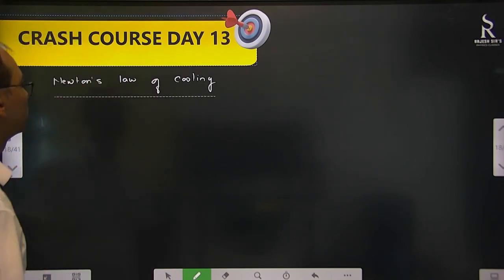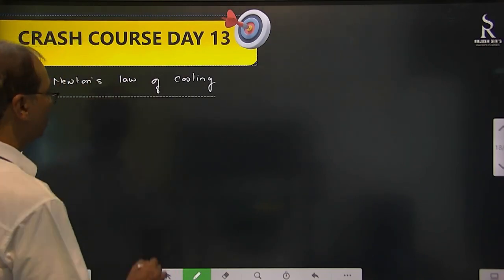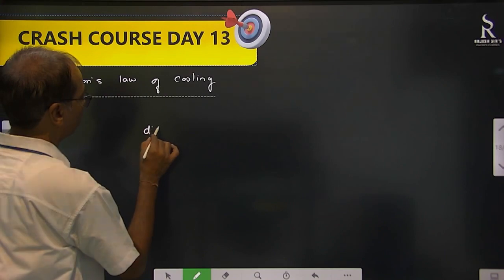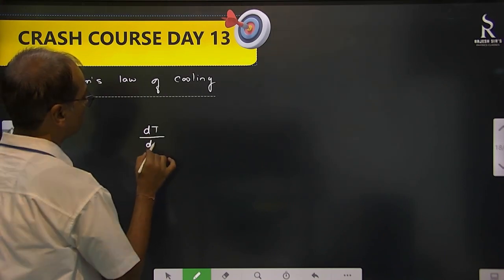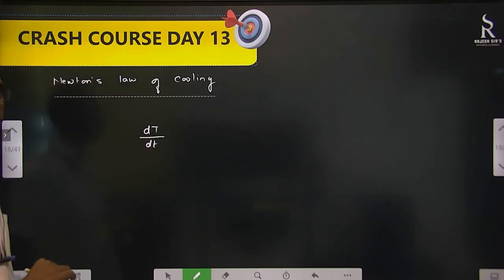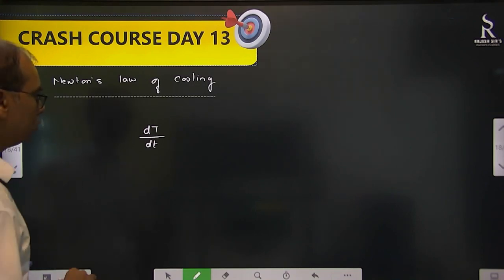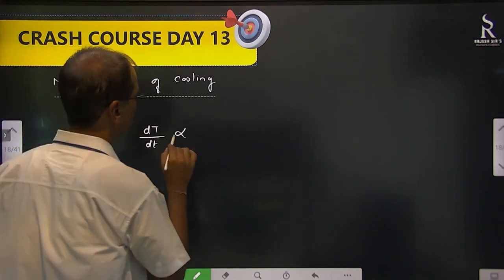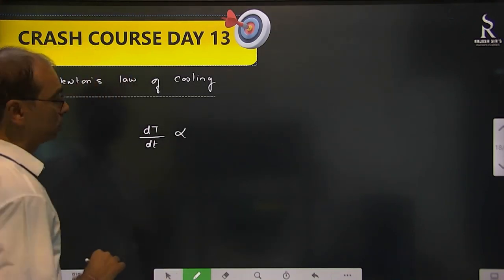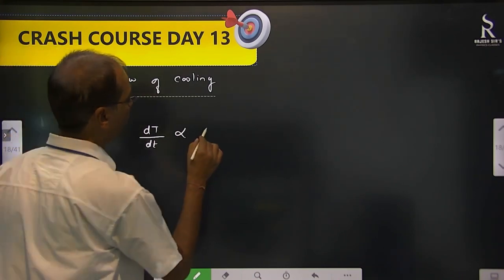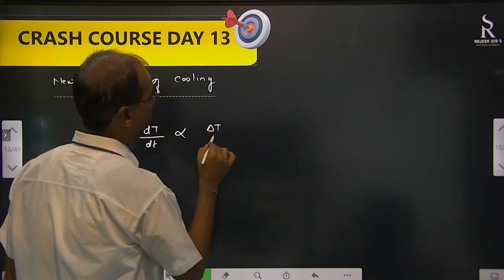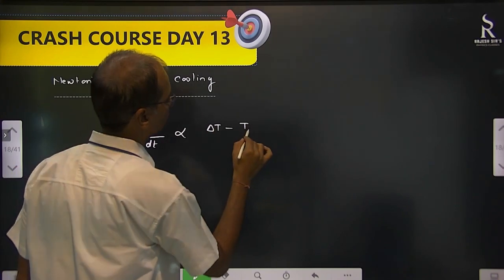So what we do here, we say the rate of fall of temperature of the object, dT by dt, is directly proportional to T minus T naught.